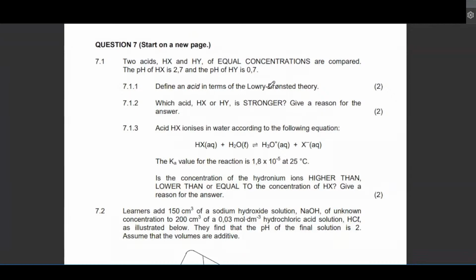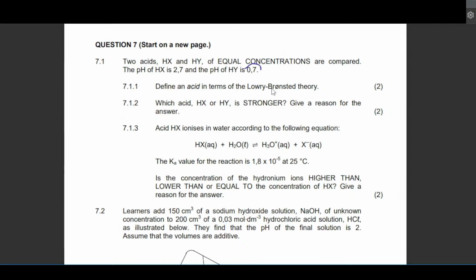Define an acid based on Lowry theory. An acid based on Lowry theory is a proton donor, but based on Arrhenius it is a substance which produces hydrogen ions in aqueous solution. So in this case it is a proton donor. And which acid, X or Y, is stronger? Give a reason for your answer.